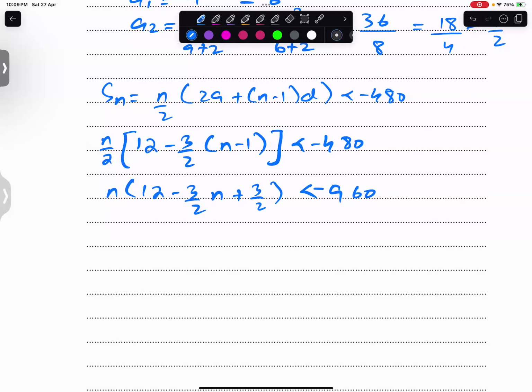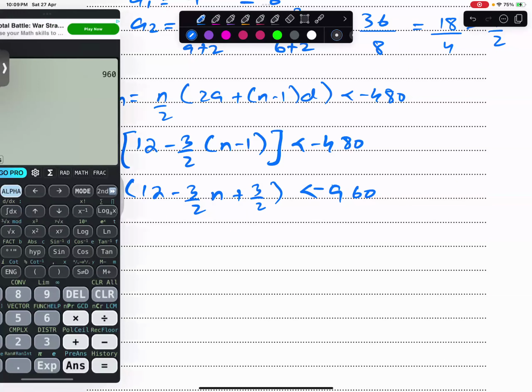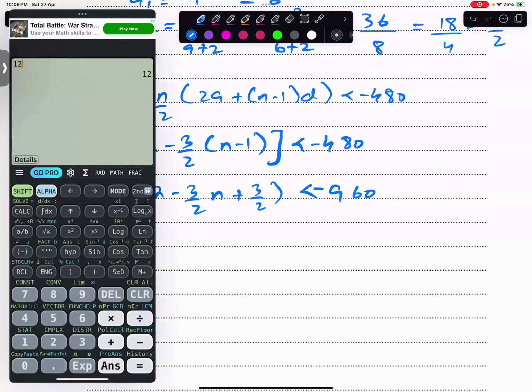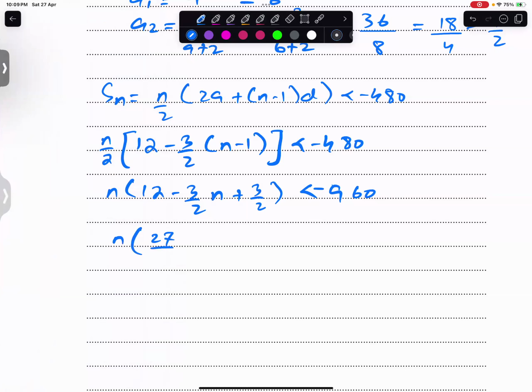So 12 plus 3/2 will become 27/2, minus 3/2 n, less than minus 960.